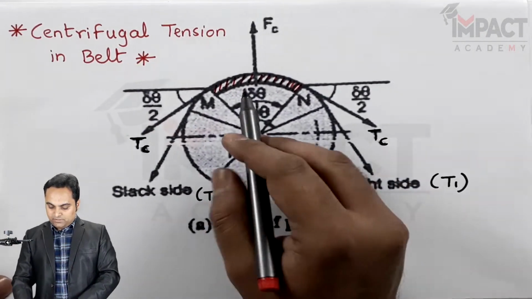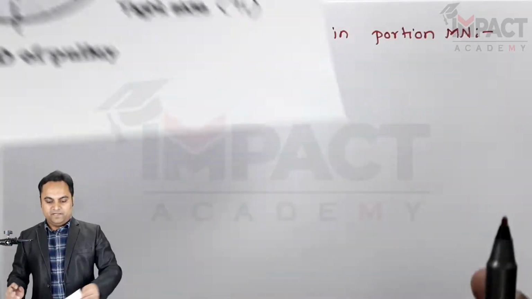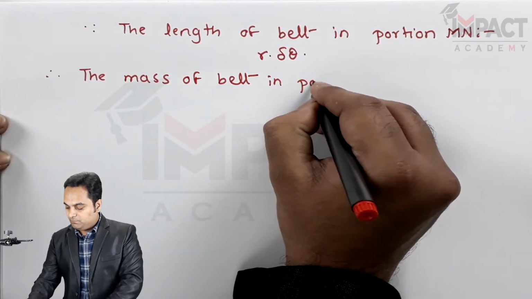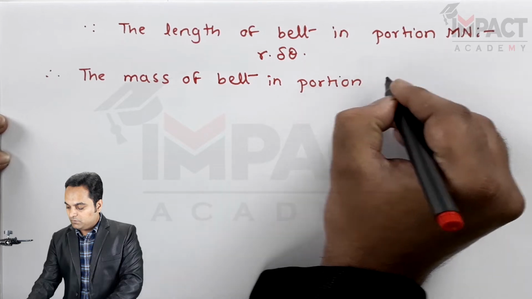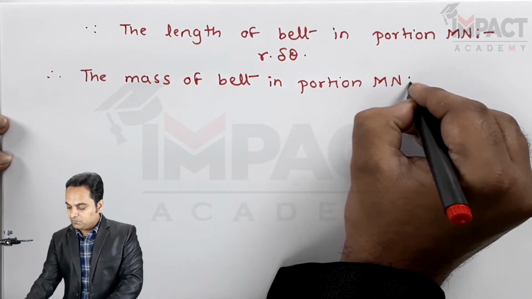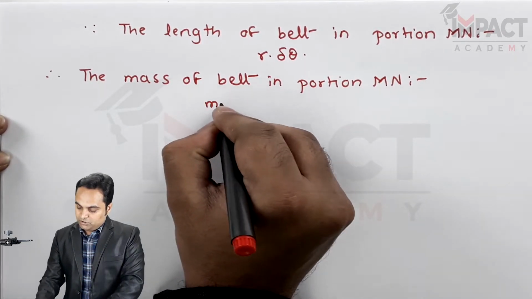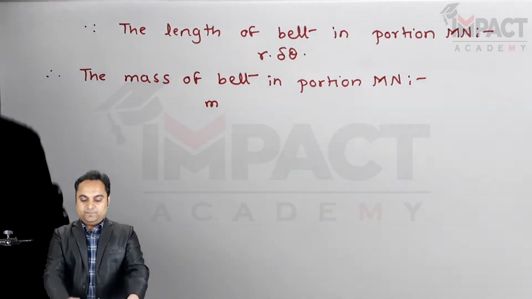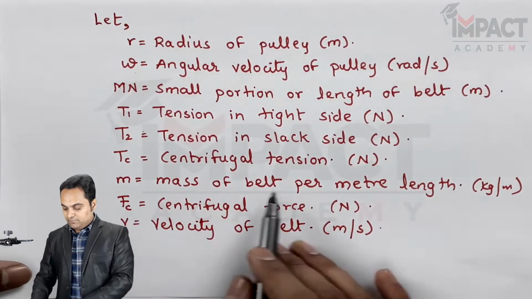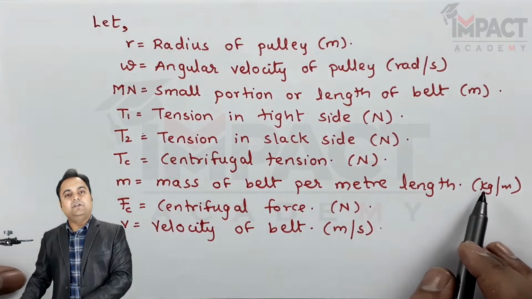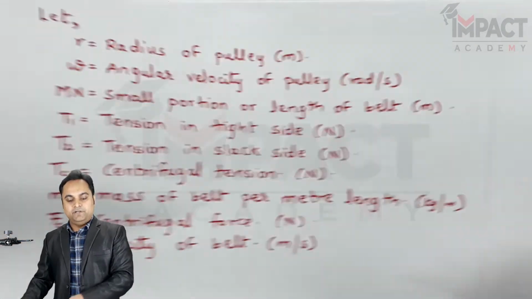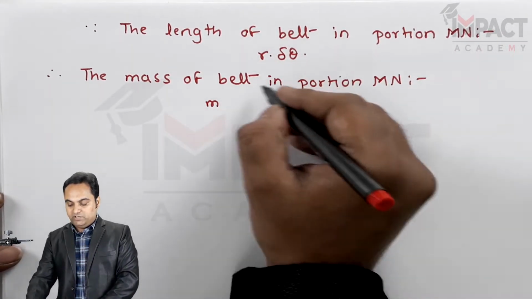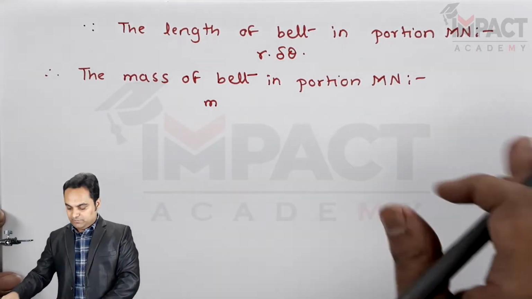Next, the mass of the belt in portion mn: small m is the mass of the belt per meter length in kg per meter, and when I multiply this mass with the total length, it is going to give me the total mass.